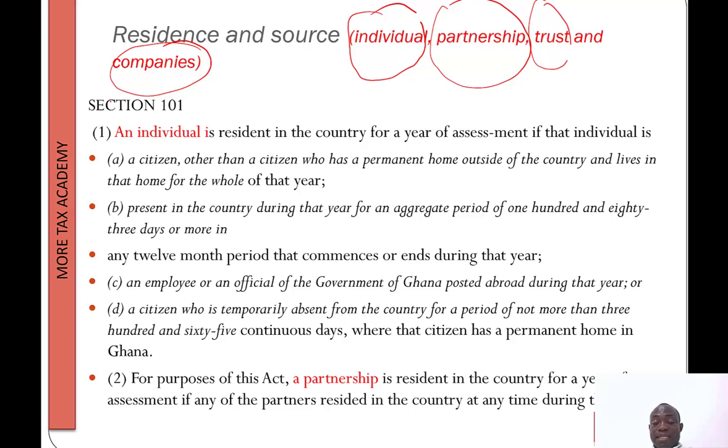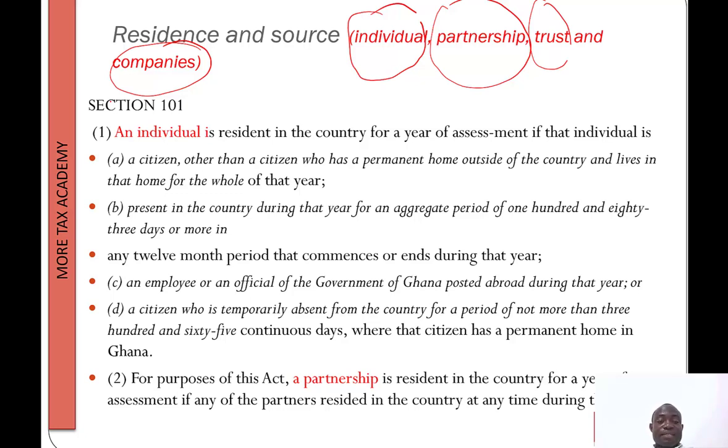So we're now trying to understand what a resident is. And resident, as provided under section 101, is in 4 categories. The first category deals with the subsection 1. And we are dealing with individuals. That's the natural persons.